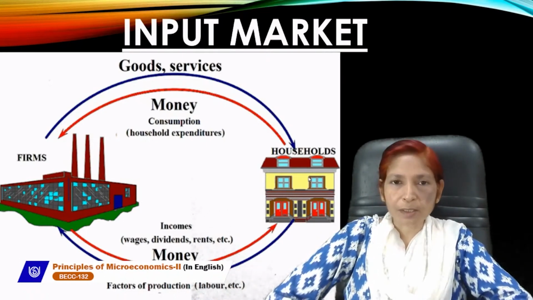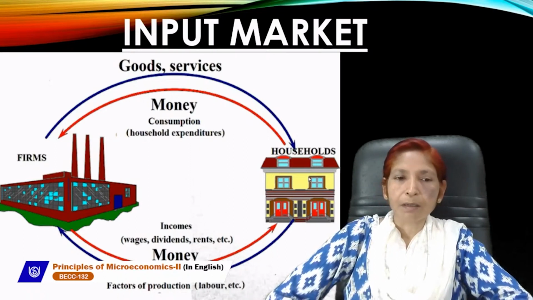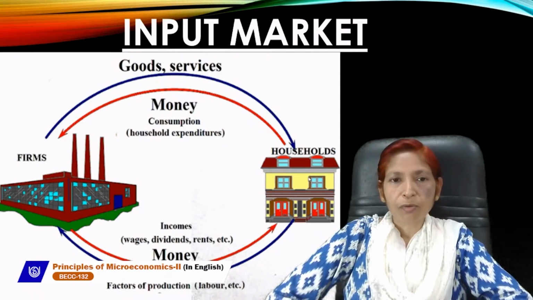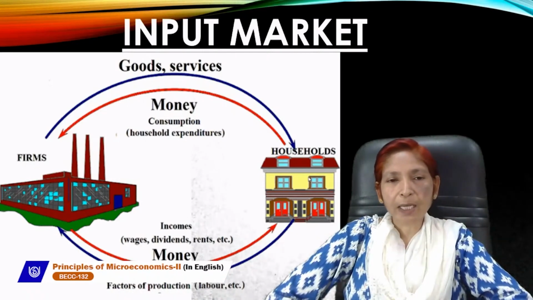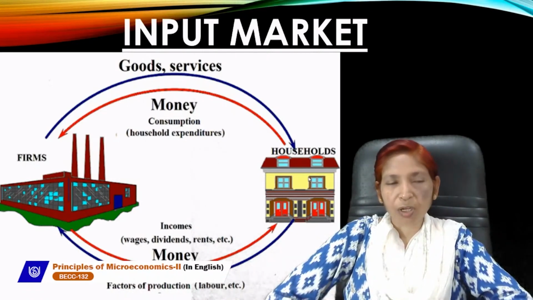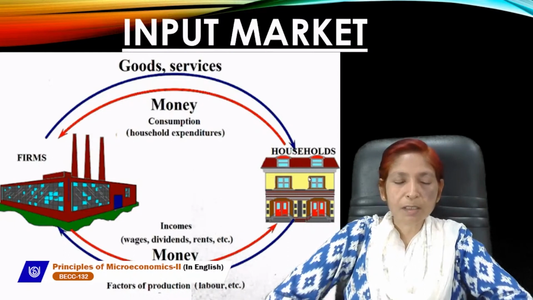All these transactions are done in money form. Money is used for selling or buying anything, because at present money is a very important way of transaction. Without money, we can't sell or purchase anything.